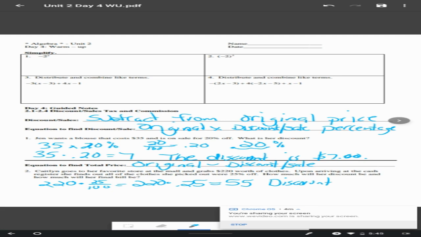But it asks you not only how much her discount will be, but what will her final bill be. And this is where we actually do that equation where we subtract the original, which is 220, and we subtract my discount or my sale I found. So if you do 220 in your graphing calculator minus 55, you would get $165 as her total.